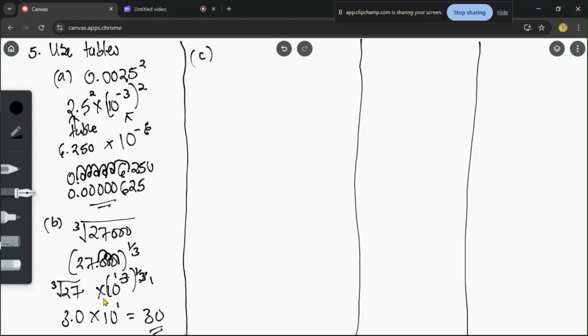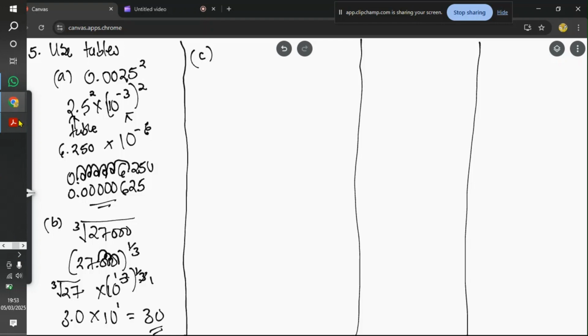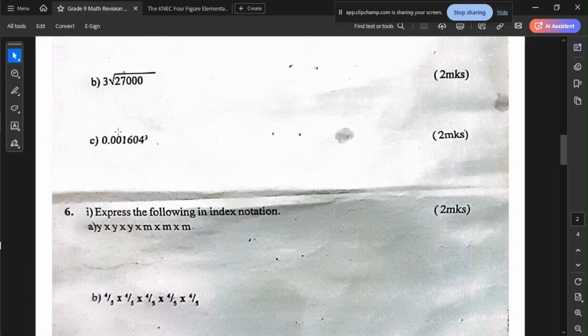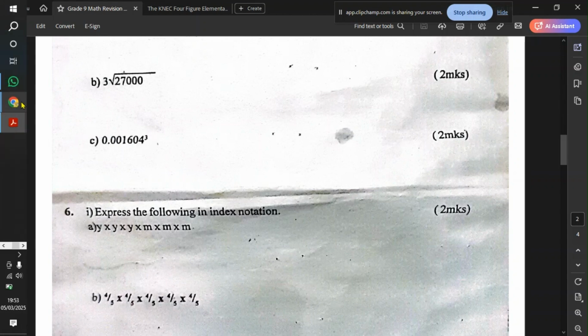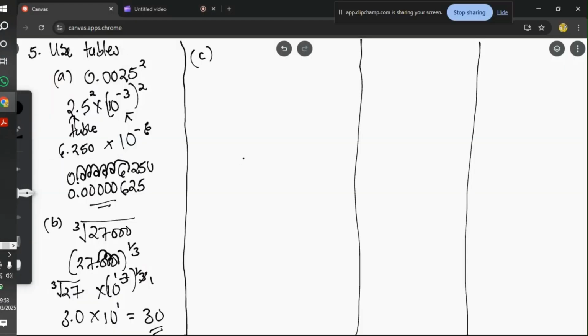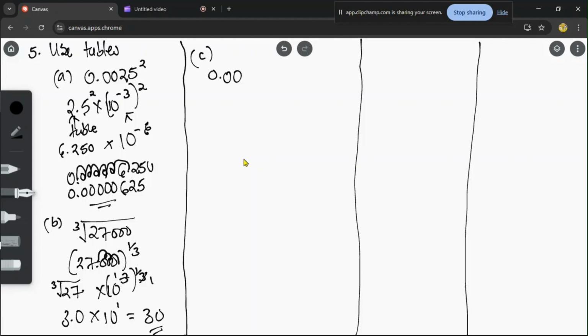The next one is C, where we try to get the cube, because it's raised to the power 3, of this number. So I do the same thing. The question here is 0.001604, raised to the power 3.